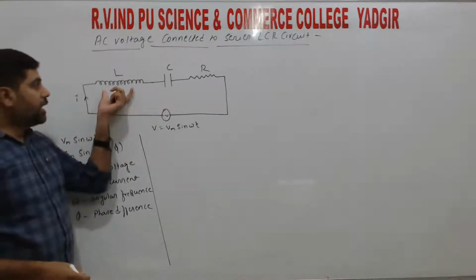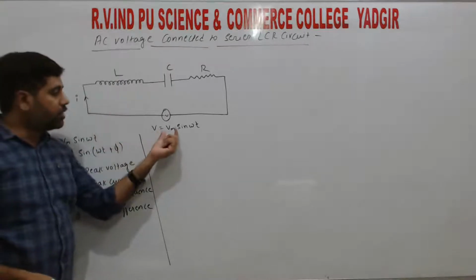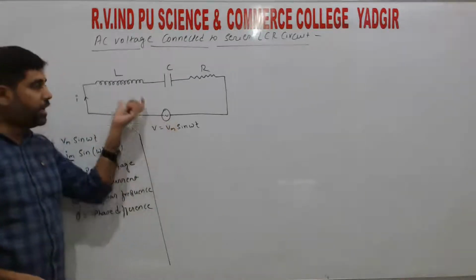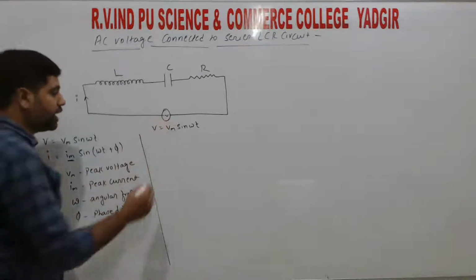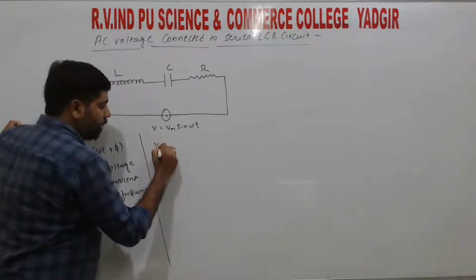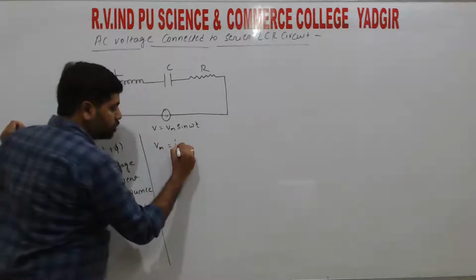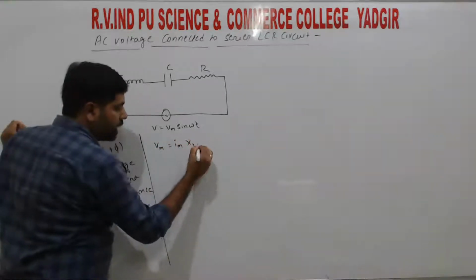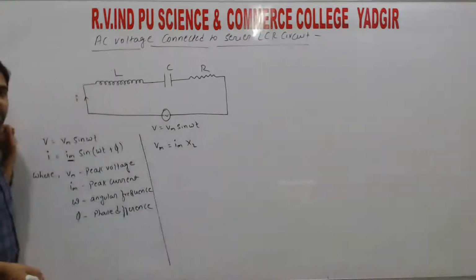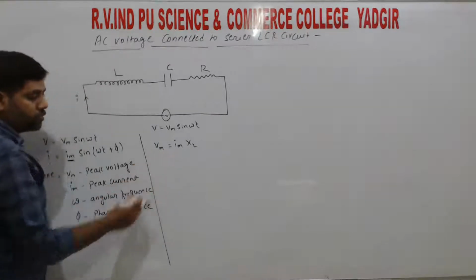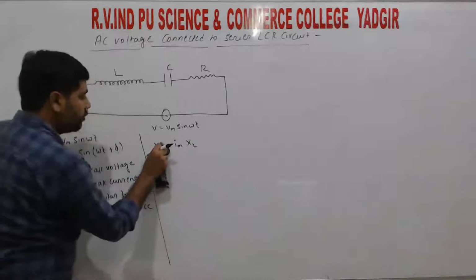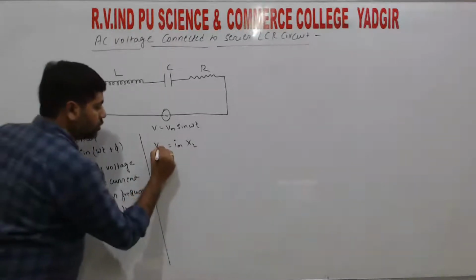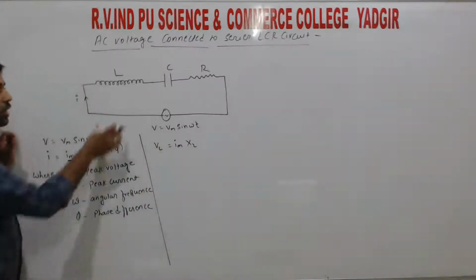When only the inductor is connected with the AC source, we get Vm equals Im times XL. This is VL, the voltage drop across the inductor.